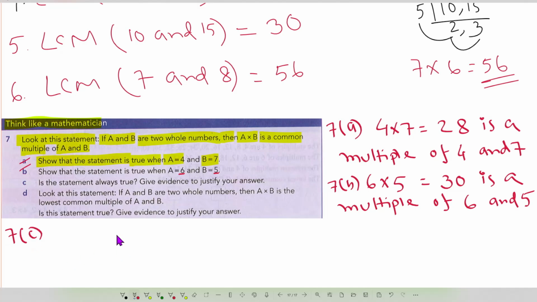7C. Here it is mentioned, is the statement always true? Give evidence to justify your answer. It is always true, right?